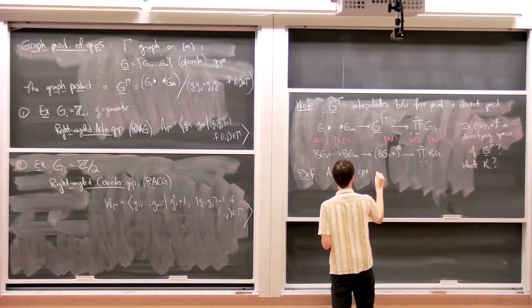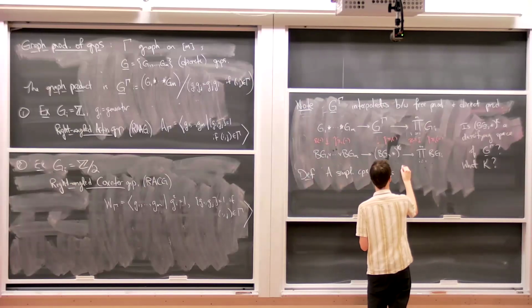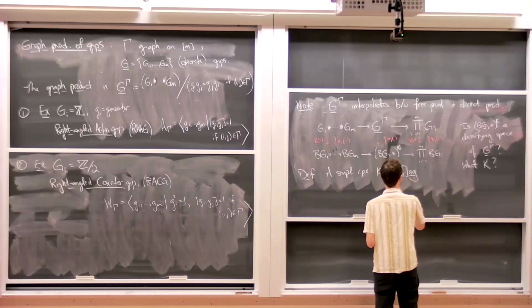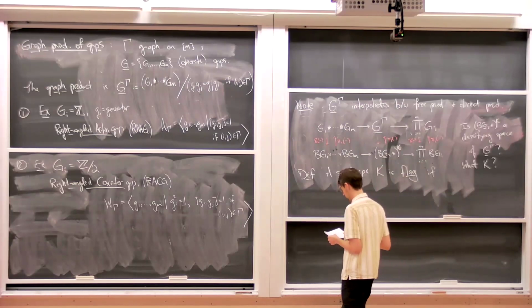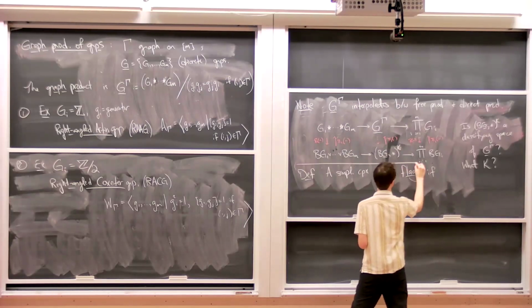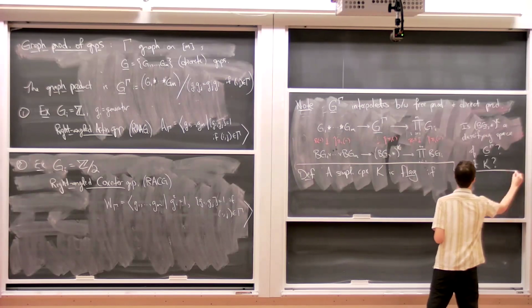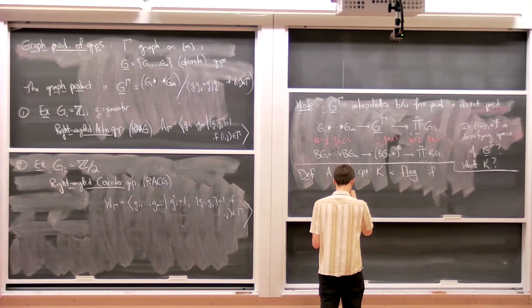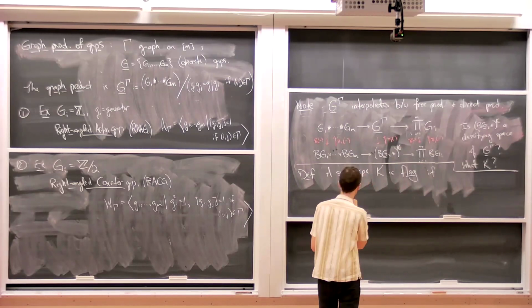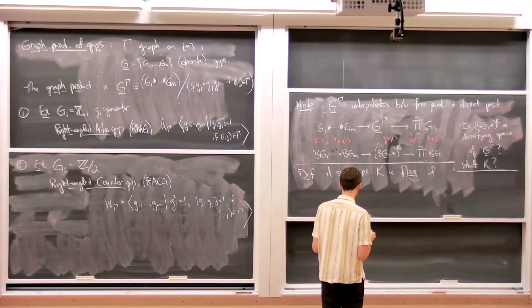A simplicial complex K is called flag if it has the property, and there's a few ways to say this, but let me just give two of them.